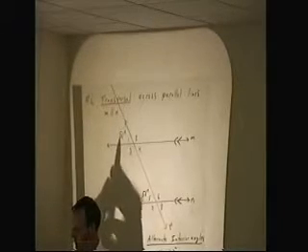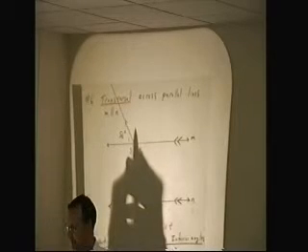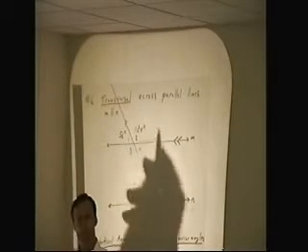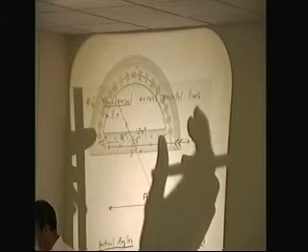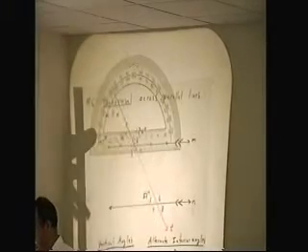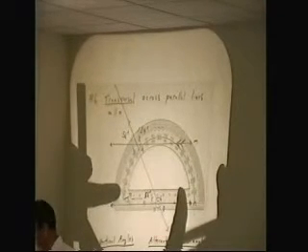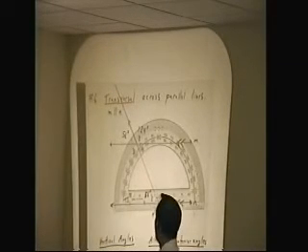If I know this one, since this is a linear pair, I know this one happens to be 124 degrees, isn't it? And in fact, I can read it right off of here. If this one is 56, this one's 124. You can see it better on this one. See that?